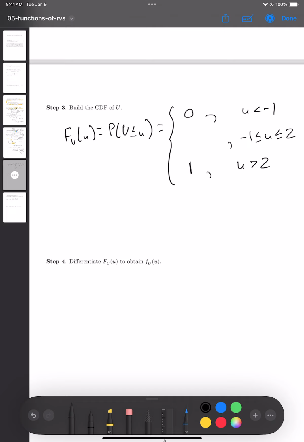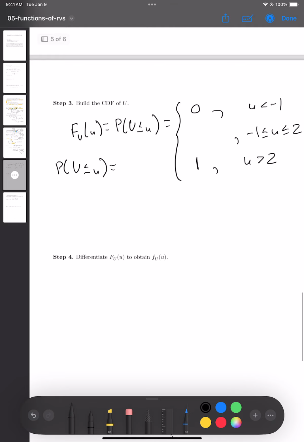See if you can stick with me through some of this logic. I'm going to start with the definition of the CDF of u. Then I know that u was defined as 3y minus 1, and I'm thinking ahead.